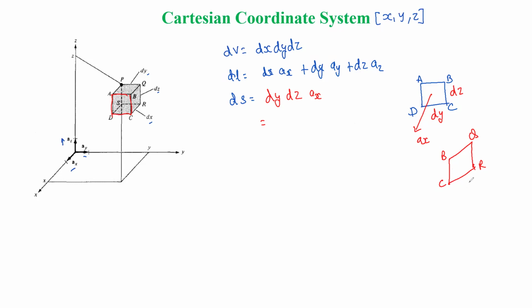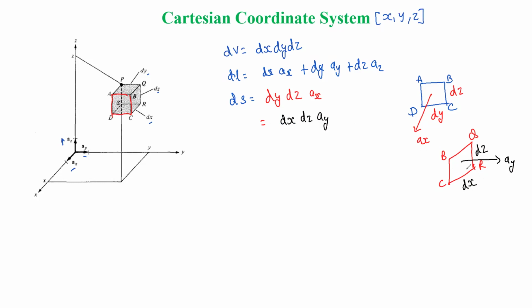CR is dx. RQ is dz. So the area of this is dx dz. And the normal to this, outwards, is AY. So finally, the differential area due to this surface is dx dz AY.